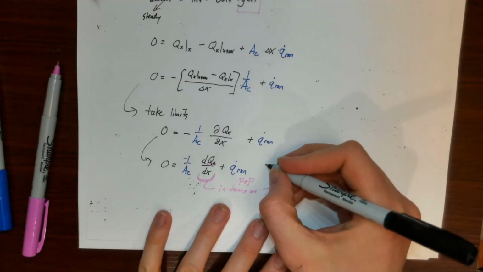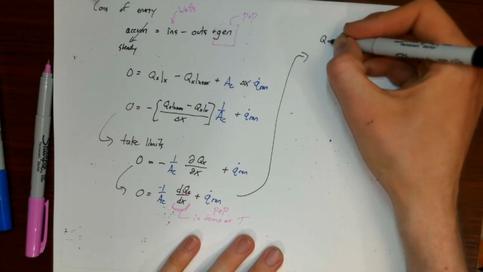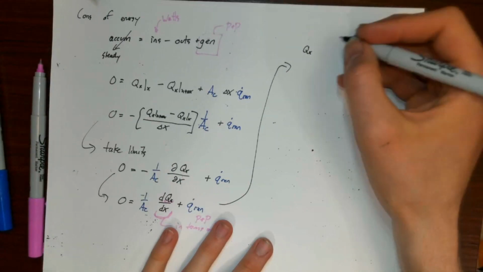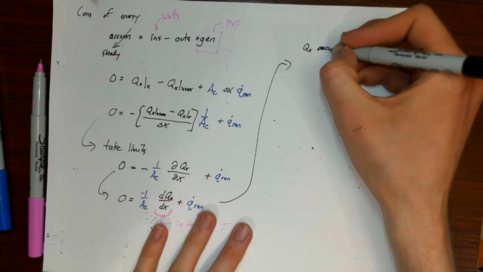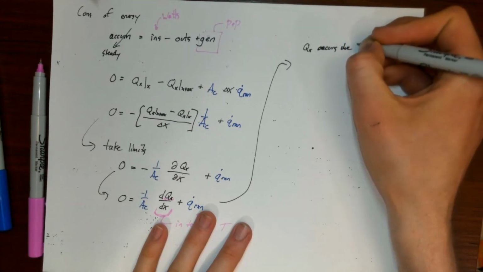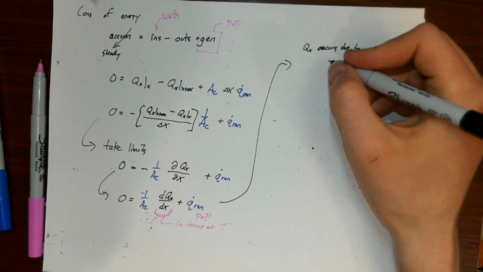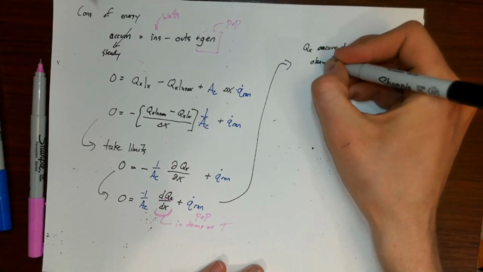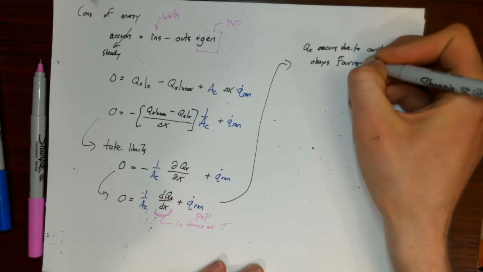So we'll take a little sidebar over here. Our Qx occurs due to conduction, which means it obeys Fourier's law.